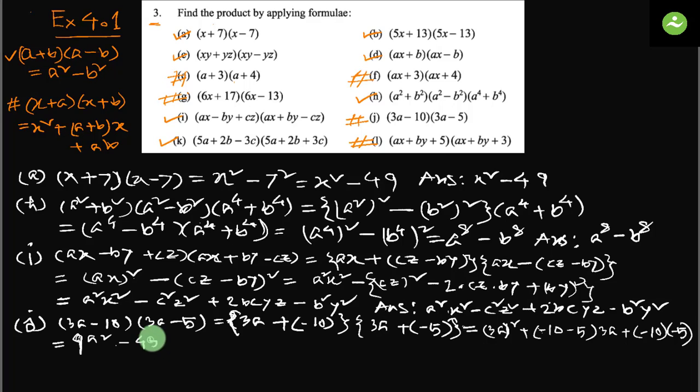Minus 45a plus minus 10 into minus 5 means plus 50. This is the answer. So the answer is 9a square minus 45a plus 50.